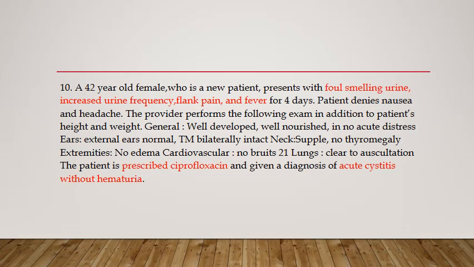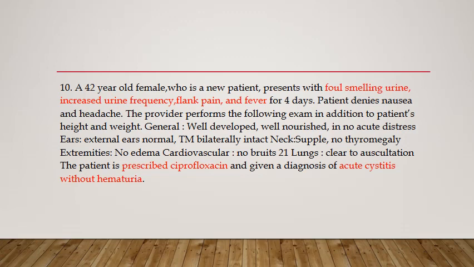A 42-year-old female who is a new patient presents with foul smelling urine, increased urine frequency, flank pain and fever for 4 days. So the patient has many complaints: foul smelling urine, increased urine frequency, flank pain, and fever, present for 4 days. The patient denies nausea and headache.